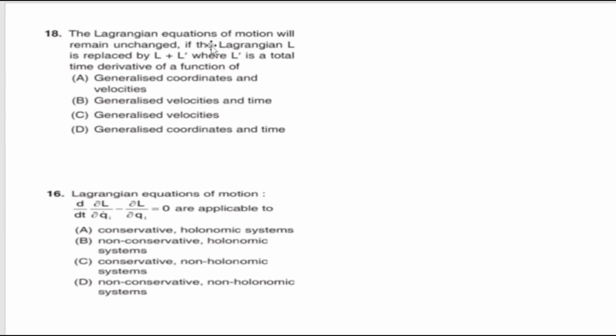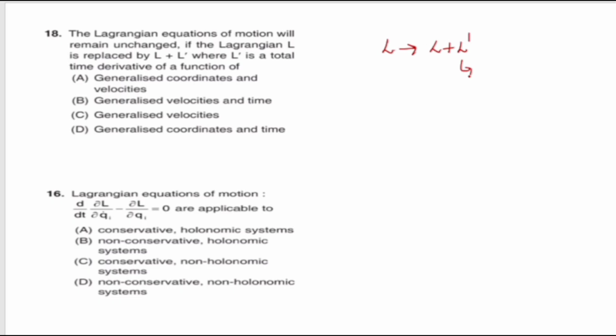The Lagrangian equation of motion will remain unchanged if the Lagrangian L is replaced by L plus L prime, where L prime is a total time derivative of a function. So this is also kind of a direct question. They have replaced the Lagrangian by L plus L prime.